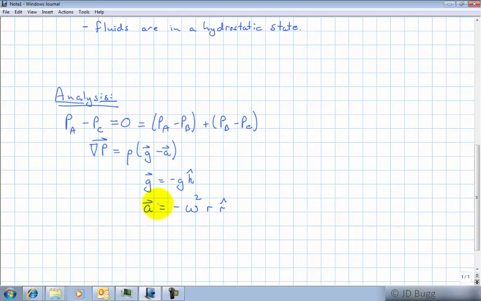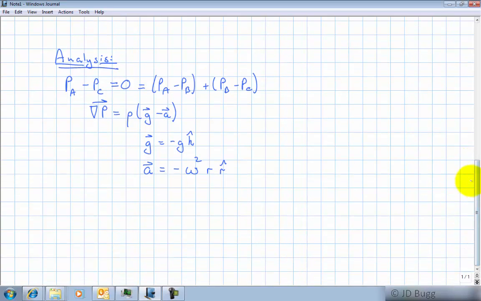So that's our acceleration. So we've looked at the right-hand side of this equation. We've written g and a for our particular coordinate system for this particular problem. So what we have so far here is a pressure gradient that is equal to rho times minus g k plus omega squared r r hat. So notice there's two unit vectors here, so two components to the pressure gradient.